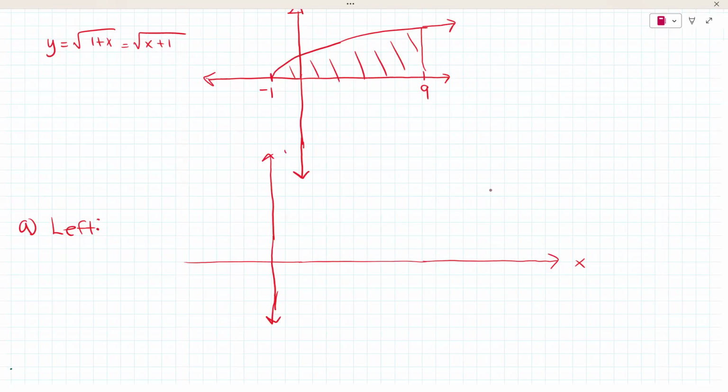Here's your x, here's y, here's -1, going from -1 to 9.